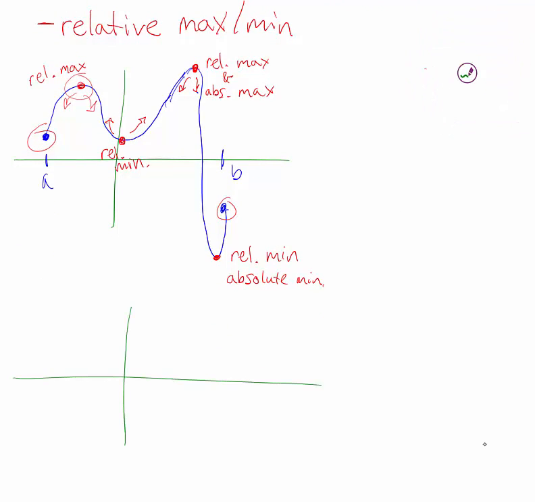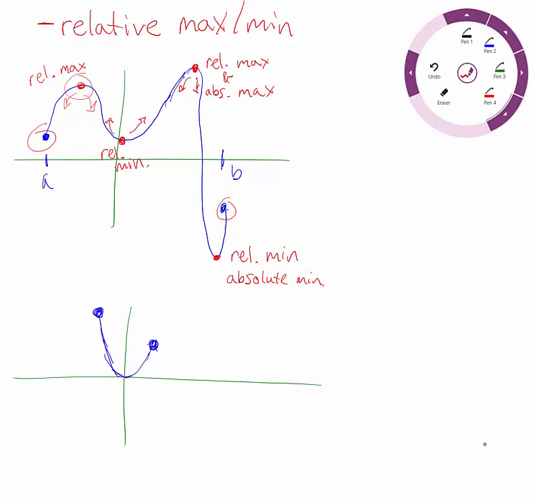So, if we had a graph that looked like this, here's the graph of y equals x squared. Now let's say we cut it off at this point, and at this point. Okay, now point A would be our absolute maximum.